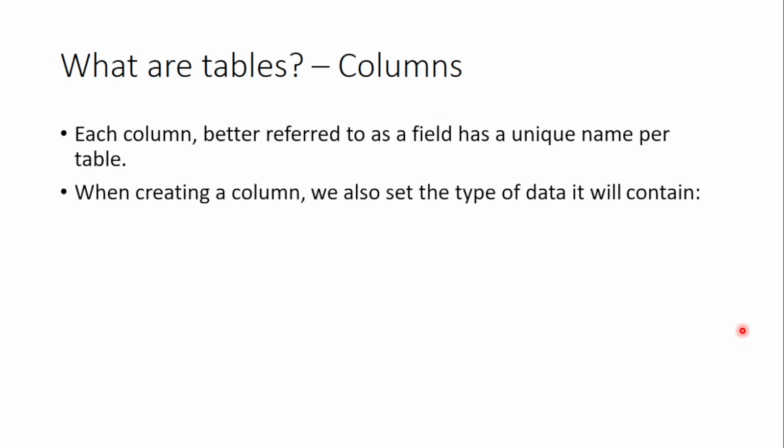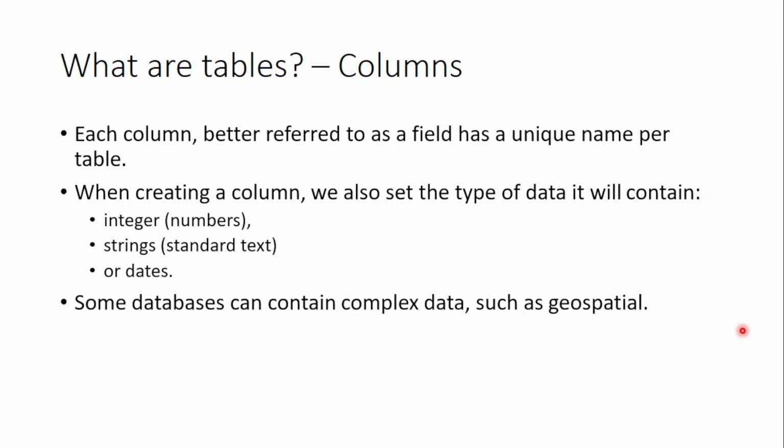When creating a column, we also set the type of the data it will contain. For example, it can be integers or numbers, strings like standard text, or dates. Some databases can contain complex data such as geospatial information, which means they contain location information.